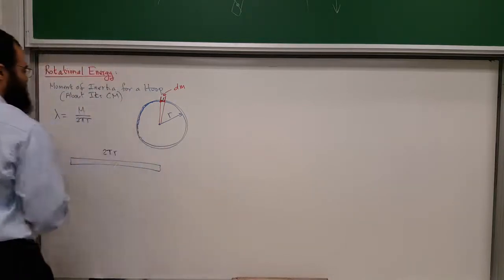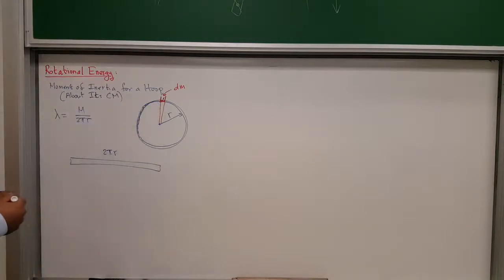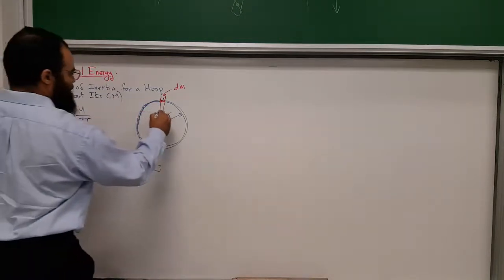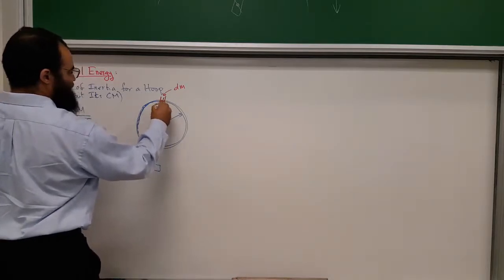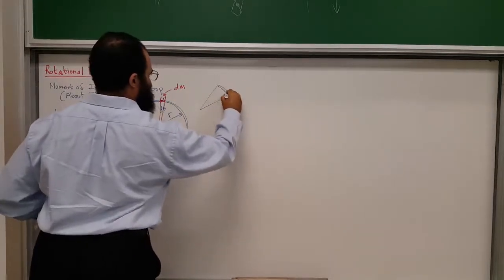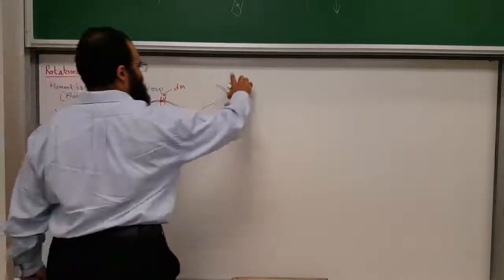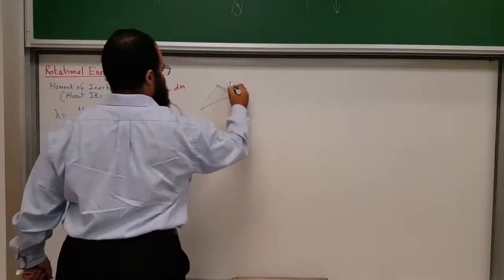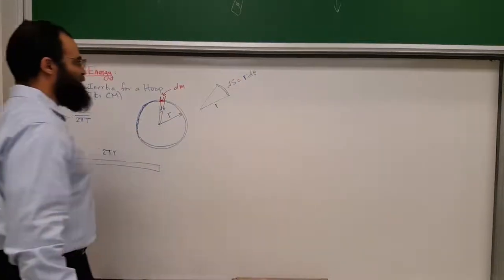So how much mass is contained in a dm? Well, if the angle here is d theta, then this length, ds, is r times d theta.